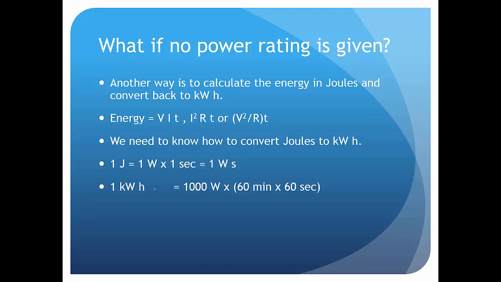And 1 kilowatt hour is 1000 watt multiplied by 1 hour, which converted to seconds is 60 minutes multiplied by 60, so you have 3600 seconds. So you find that the conversion is roughly 3.6 million watt seconds, which is actually just joules.